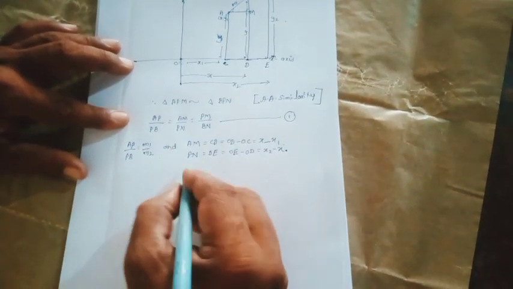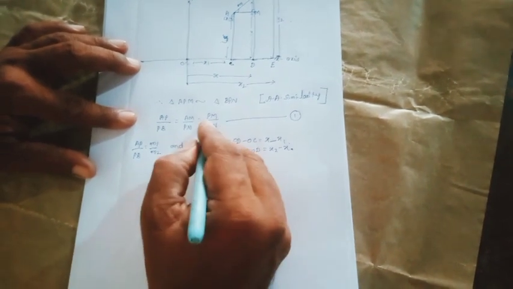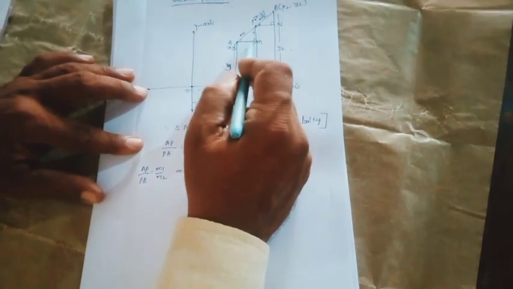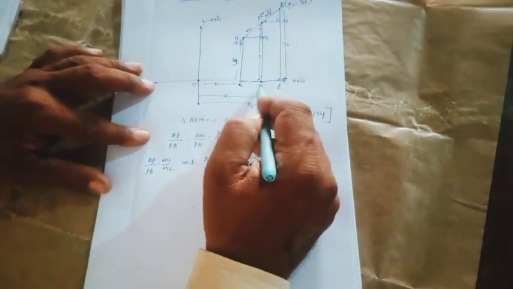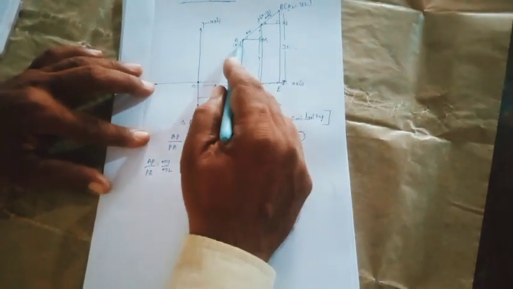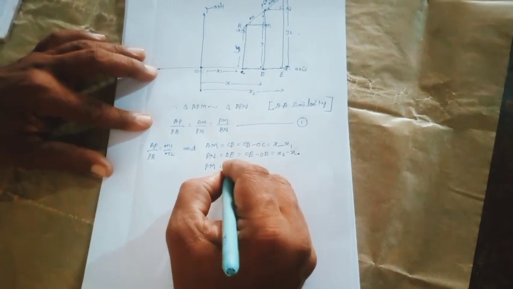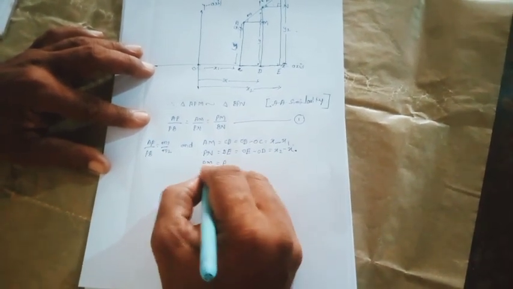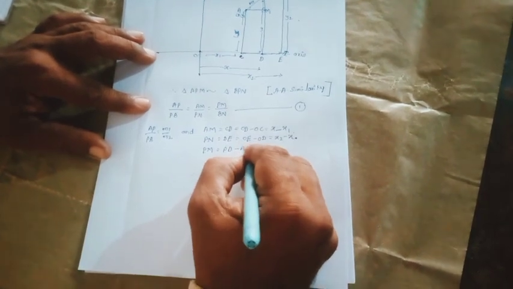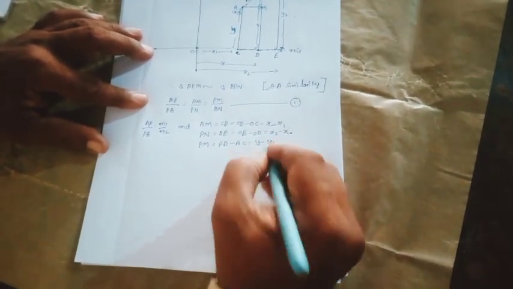Then take PM. PM is equal to PD minus MD, and MD is equal to AC, therefore PM is equal to PD minus AC, which is equal to y minus y1.